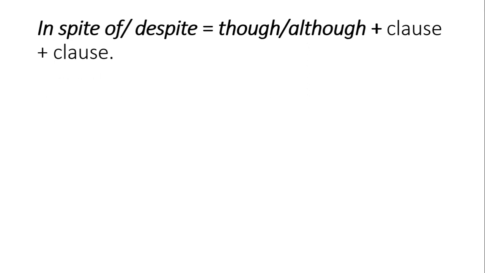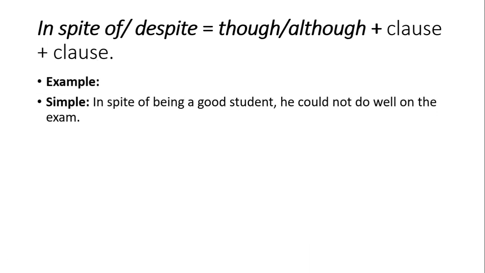Okay. So here we have "in spite of" or "despite". If we have "in spite of" or "despite" in a simple sentence, then we have to follow this structure: though or although, then clause, and then another clause. So, in spite of being a good student, he could not do well in the exam.